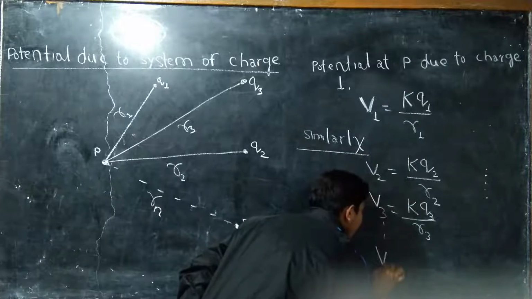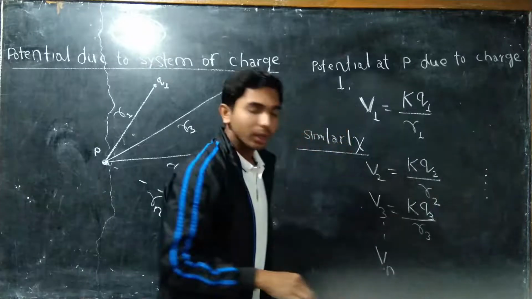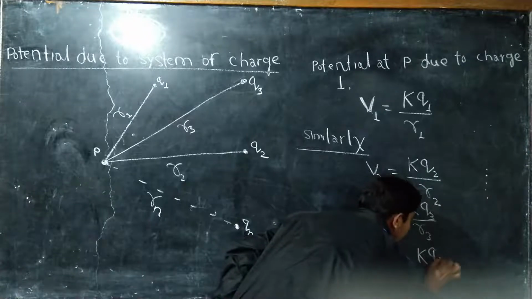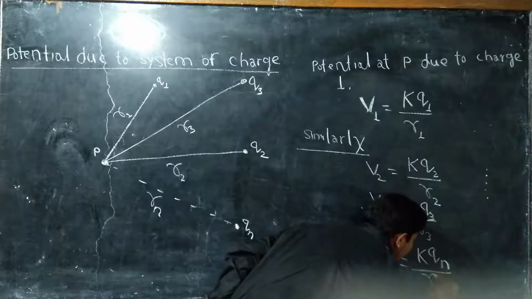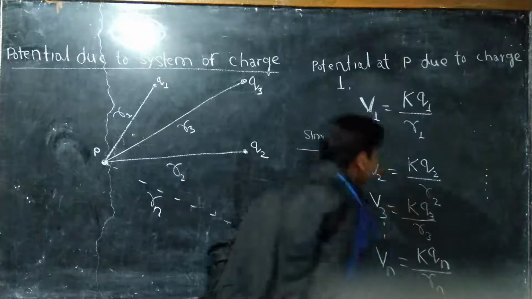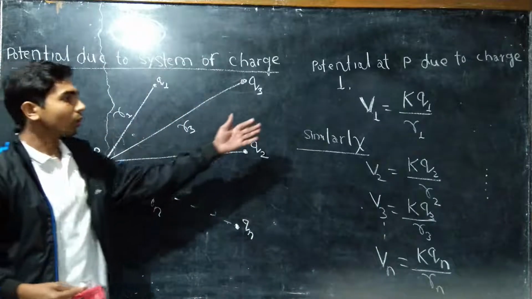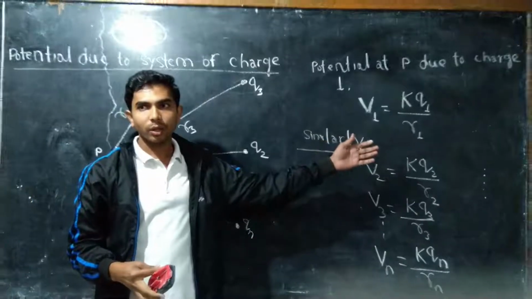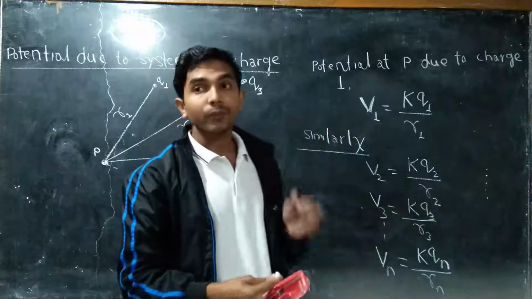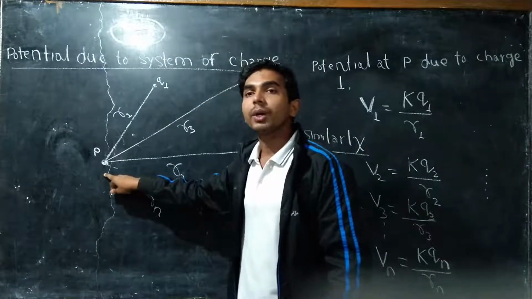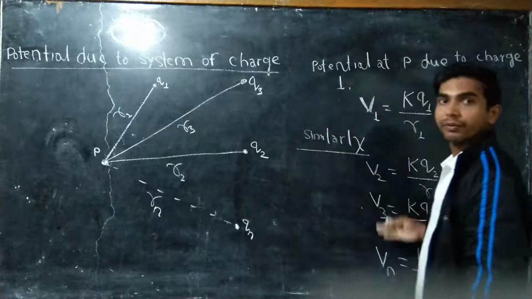Similarly Vn is equal to kqn by rn. So now we have calculated the potential at P due to all charges. The total potential at this point will be the sum of all these potentials.